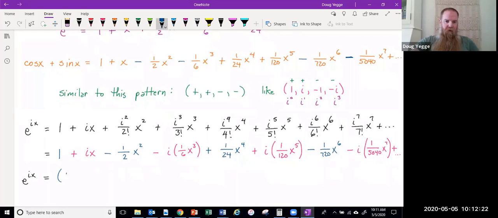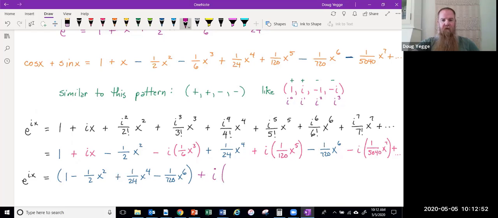That gives us 1 minus 1/2 x squared plus 1/24 x to the 4th minus 1 over 720 x to the 6th. And then we get plus, and you should realize that the pink terms all have an i, so why don't we just factor out an i from all of those?